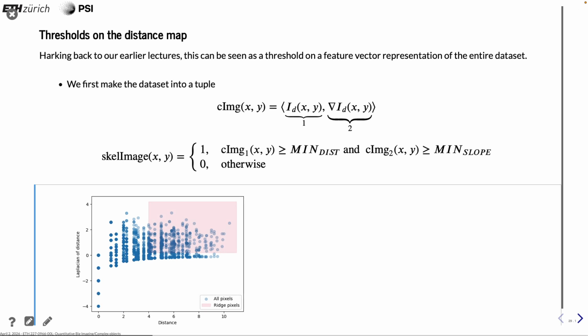And when we do this, we get these two criteria, and these are again just empirical values set, but looking at the images, these are the pixels that would be considered as the skeleton.